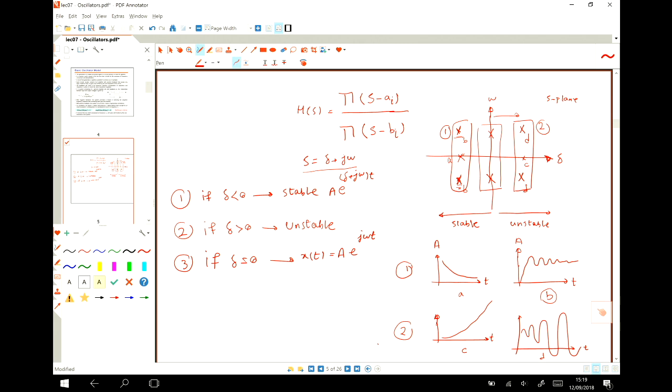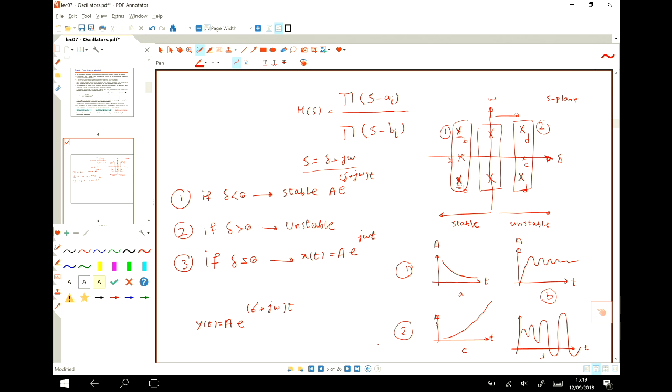So the response of the system in the time domain we can write down as y(t) = A e^((sigma + j omega) t). So if this sigma is negative, I mean if we are in the left plane, then definitely this is decaying.